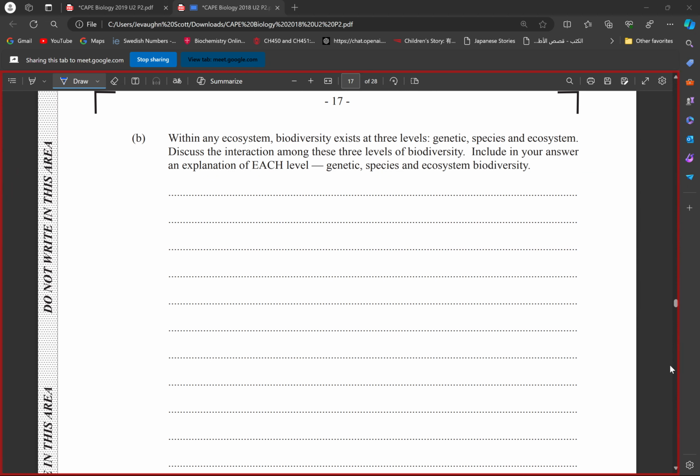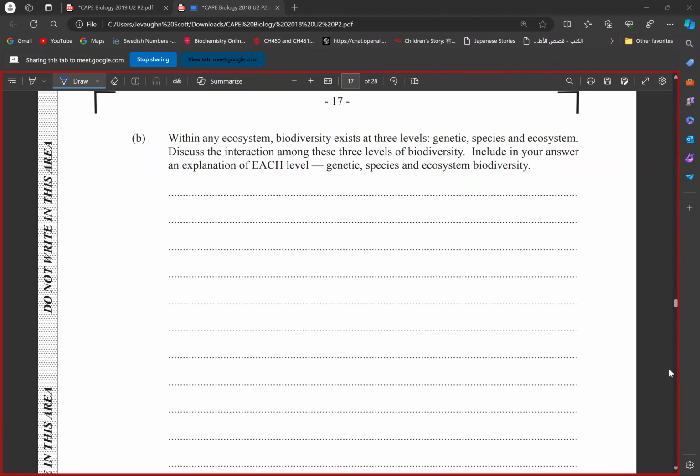I think genetic diversity influences species diversity in that if the genes get too diverse, it may lead to a new species essentially. Okay, so both of you spoke about species and genetic diversity. So how do we tie in ecosystem diversity?